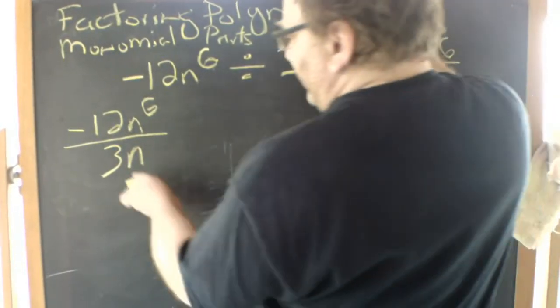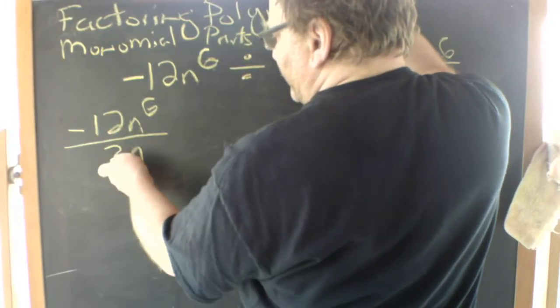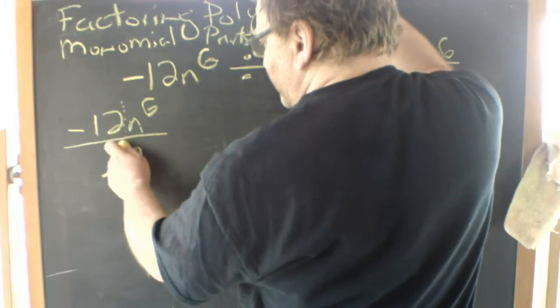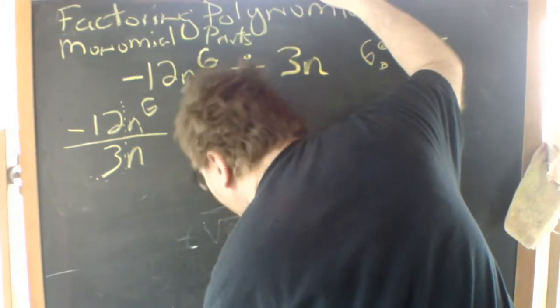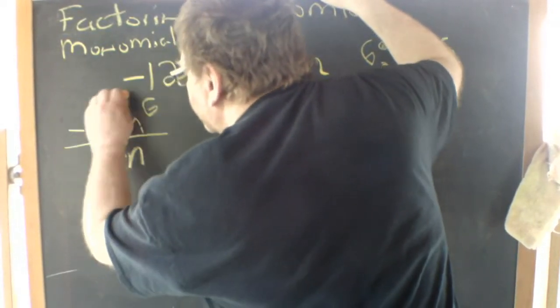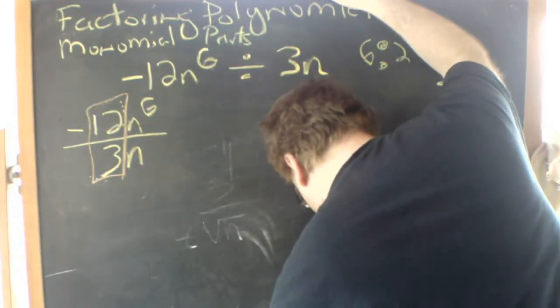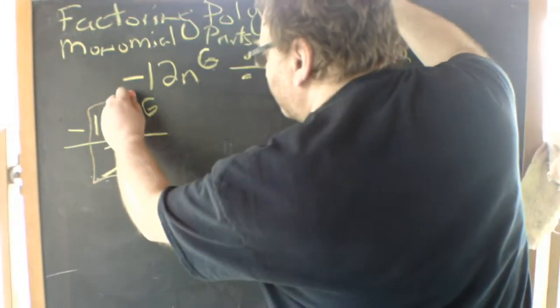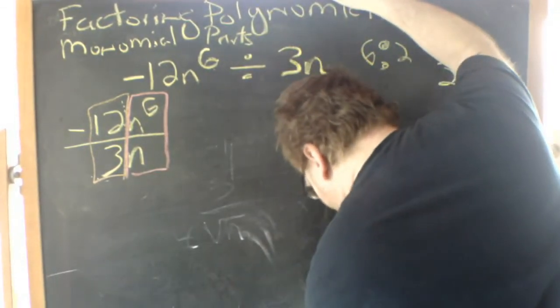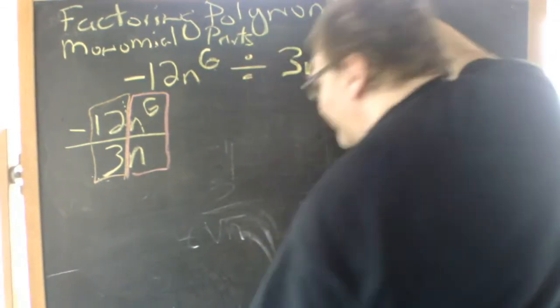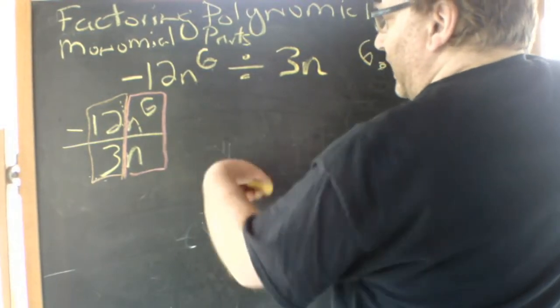And we go, hey, you know what? 3 goes into 12. We can focus on just the numbers, and just the variables. We can look at them as separate things because they have slightly different rules that would define them.